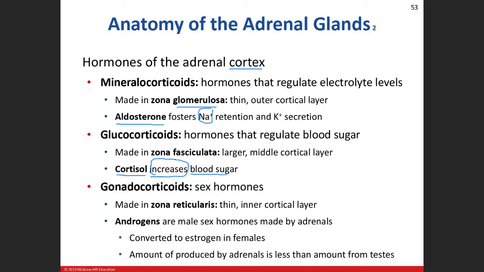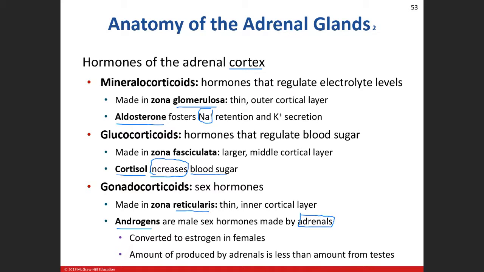And then finally, the gonadotropins, those are the sex hormones, made by the zona reticularis. The male sex hormones are what we call androgens, and the androgens are going to be made by the adrenal glands.